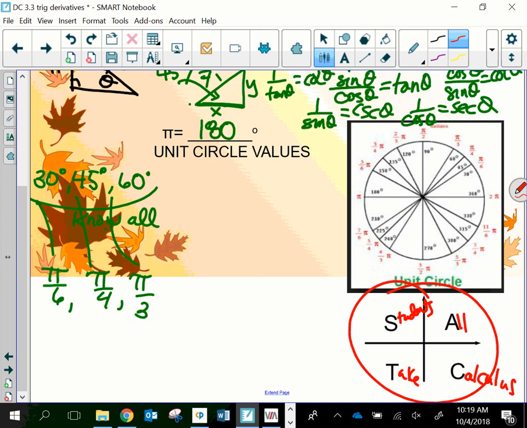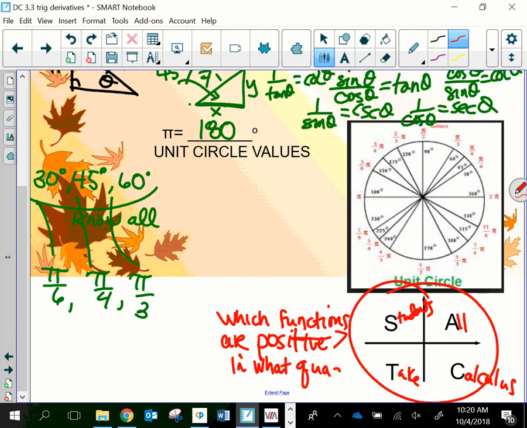I'm really kidding. So this is an acronym that tells you which functions are positive as opposed to negative in what quadrants. Now some of you will do minus plus, plus minus, plus minus.